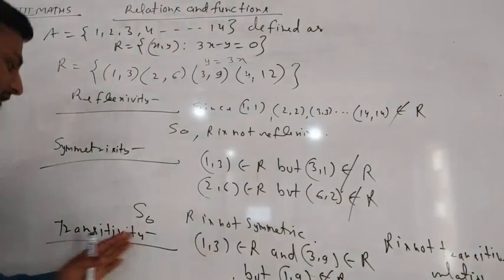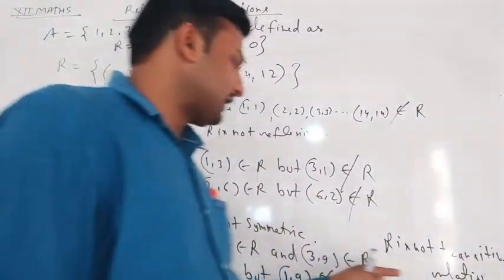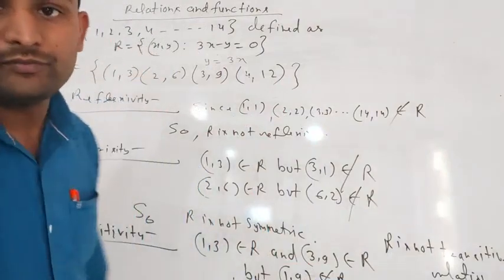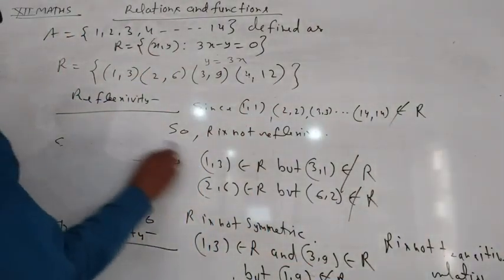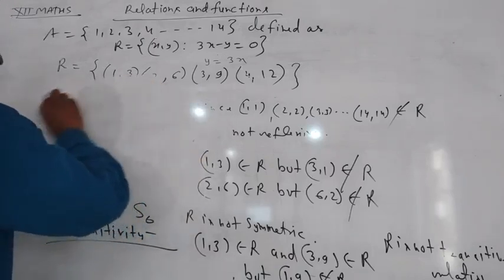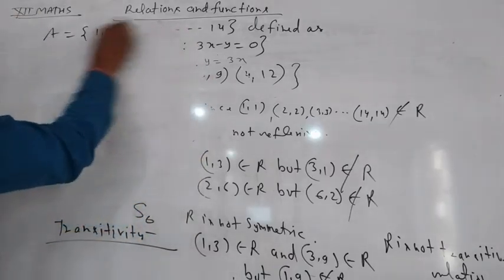And (1, 3) and (3, 9) belong to R, but (1, 9) does not, so it is not transitive.